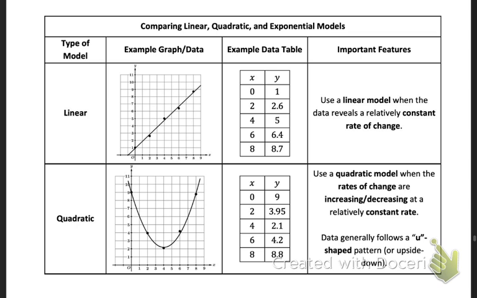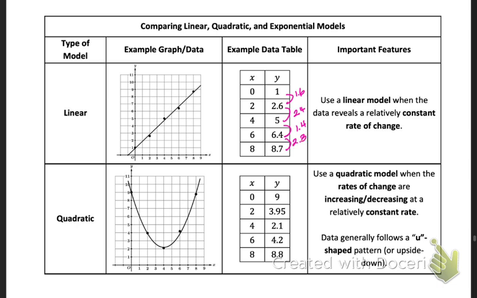I've got that. And if I look at the rate of change here, this one would be plus 1.6. This is going to be plus 2.4. This is going to be plus 1.4. This is going to be plus 2.3.